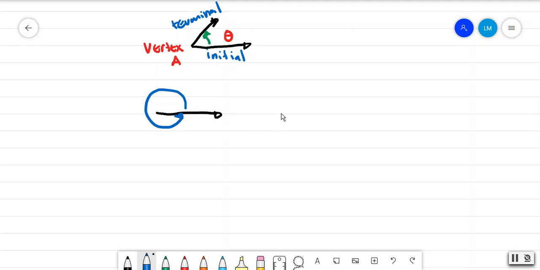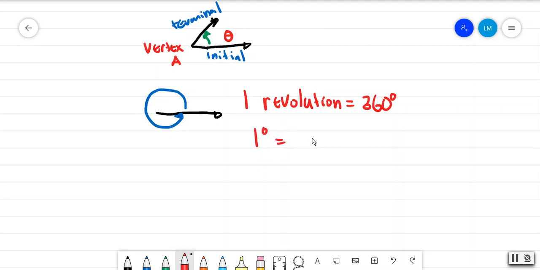One thing you have to take note of is that one single rotation or revolution is equal to 360 degrees. So if you want to look at it another way, 1 degree is equal to 1 over 360 of a revolution.